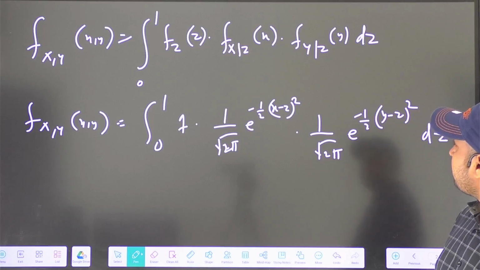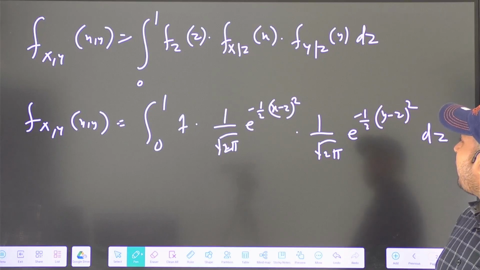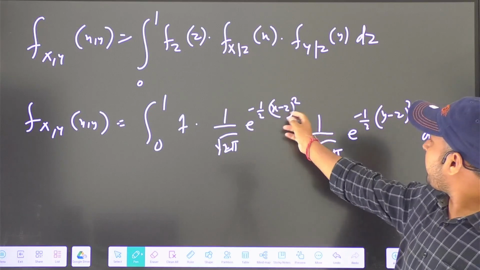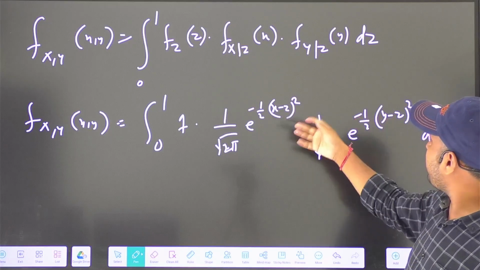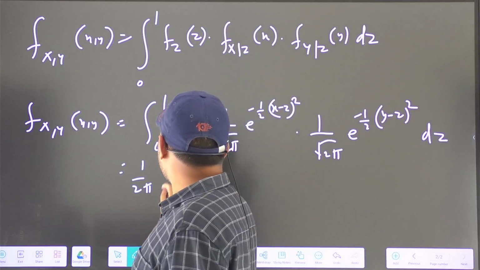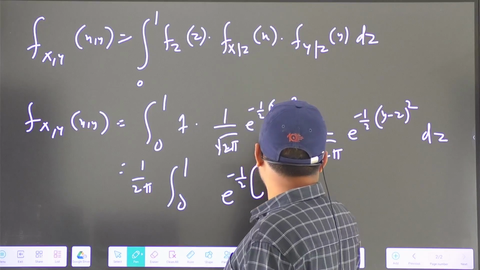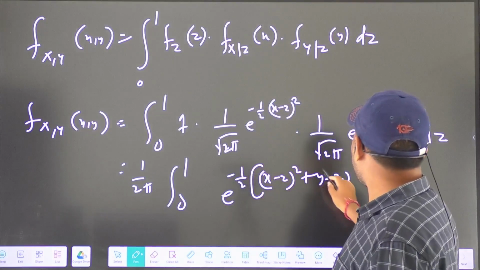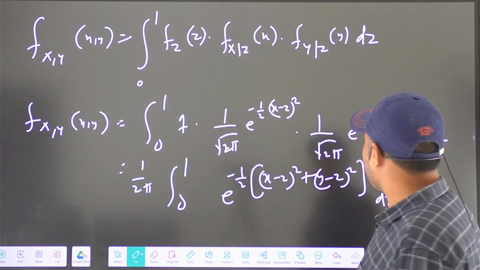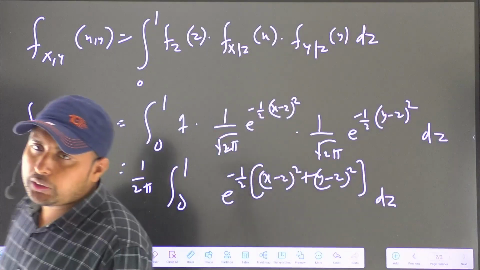You just open it, a minus b whole square, and collect the terms. Or you take 1 by 2 pi outside, 0 to 1 e raised to power minus half of x minus z whole square plus y minus z whole square dz. This is the thing.